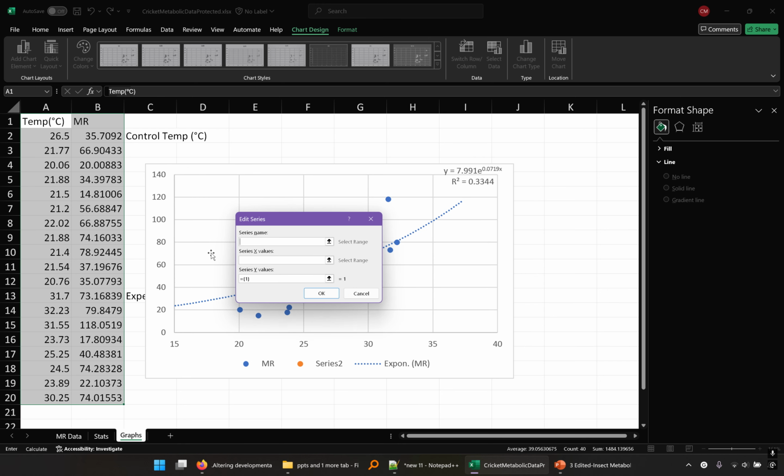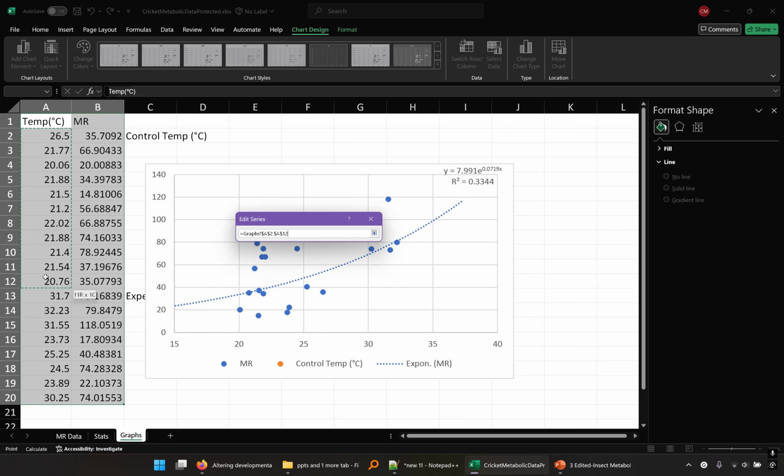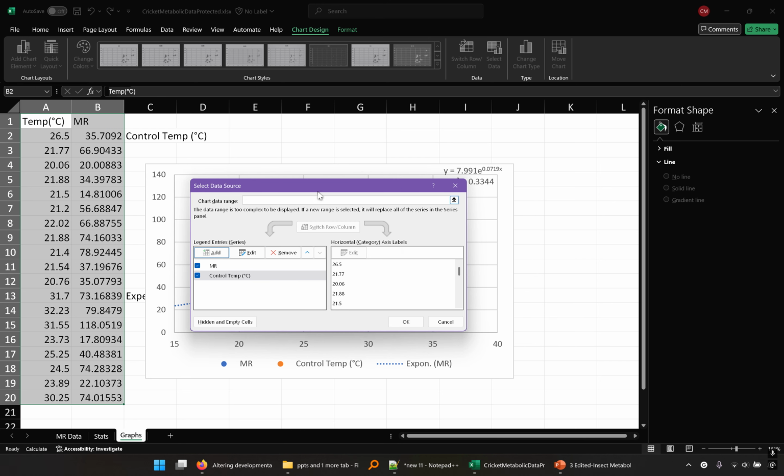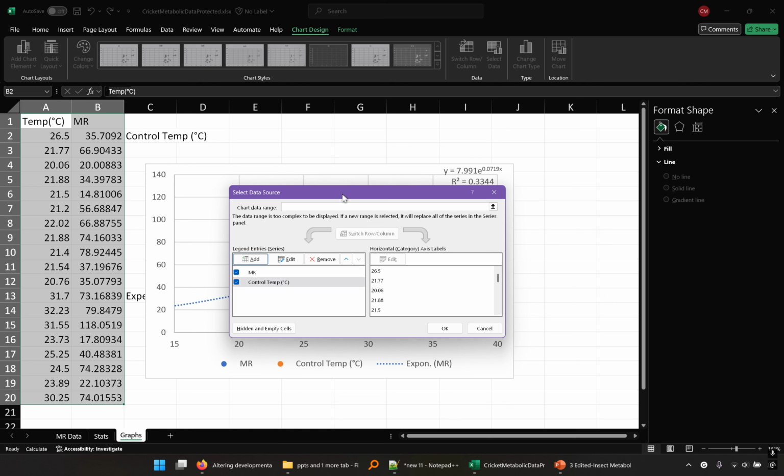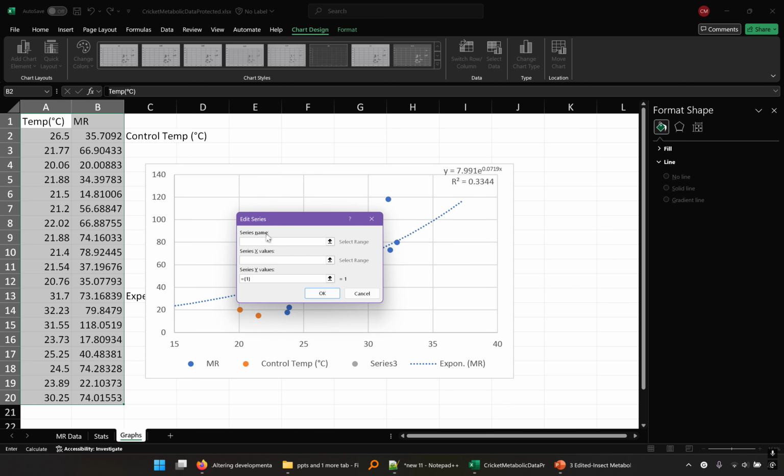So as a legend entry, you would include the name, the x values, which would be the temperature from 2 to 12, and then for the y-axis values, it's also from 2 to 12. And then you would click on OK. So now your control temperature, you can see, is labeled in orange, and then you can add another one for the experimental temperature.